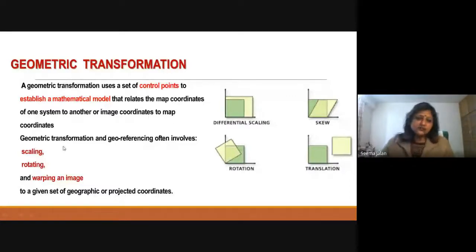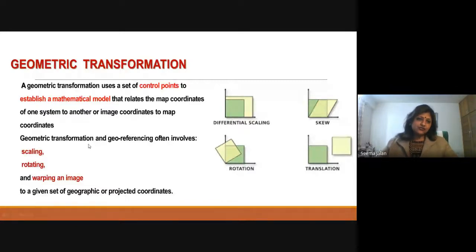What I want to do is link my data to a particular coordinate system. This process is known as georeferencing. For georeferencing, I am building a mathematical model which helps me achieve my objectives, and that process is known as geometric transformation.